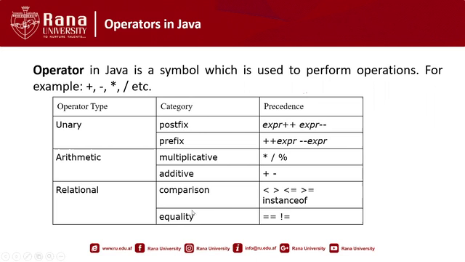And for equality, for example, if you have two variables and you want to know if the first variable is equal to the second variable, we use this symbol, two equals signs. Two equals is used for equality. For example, you want to know whether this value is equal to the second value or not.